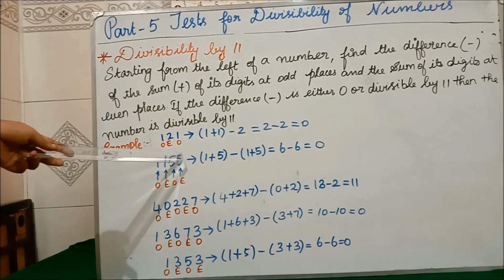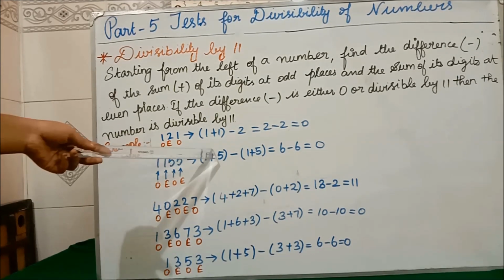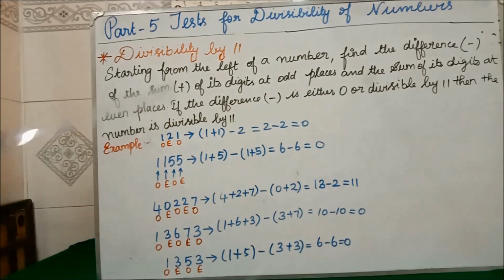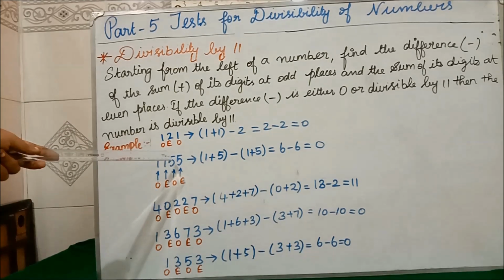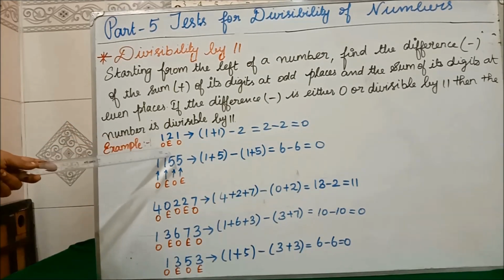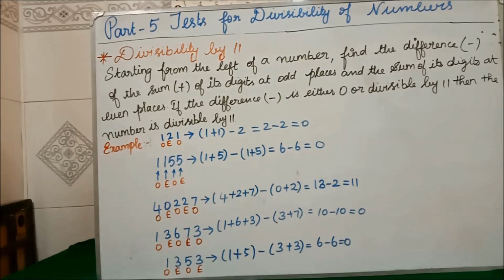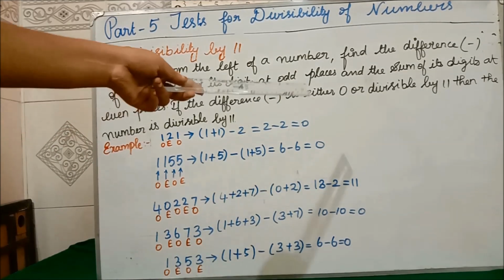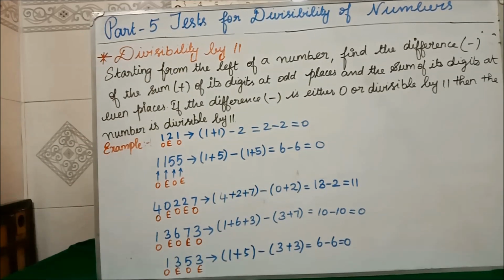Wherever you have written O, you add that first. 1 plus 1. And we have to take the difference with the even-place number. Minus, here what is the even-place number? 2. So you have to subtract. Clear? So 1 plus 1 is what? 2, minus 2 equals 0. If 0 comes, it is divisible by 11. If the difference is either 0 or divisible by 11, then the number is divisible by 11.